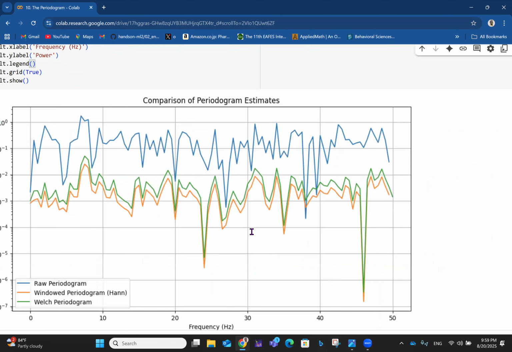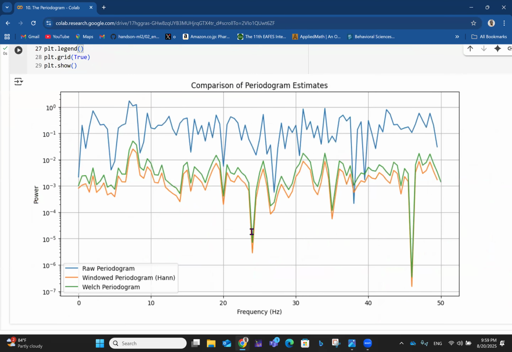So you can see that the raw periodogram has high fluctuation because it contains noise. Okay, that's misleading. But by the time we Welch it, Welching, like we said, takes care of variance, right? So Welching helps to do some job on that, and that we see in green like that.